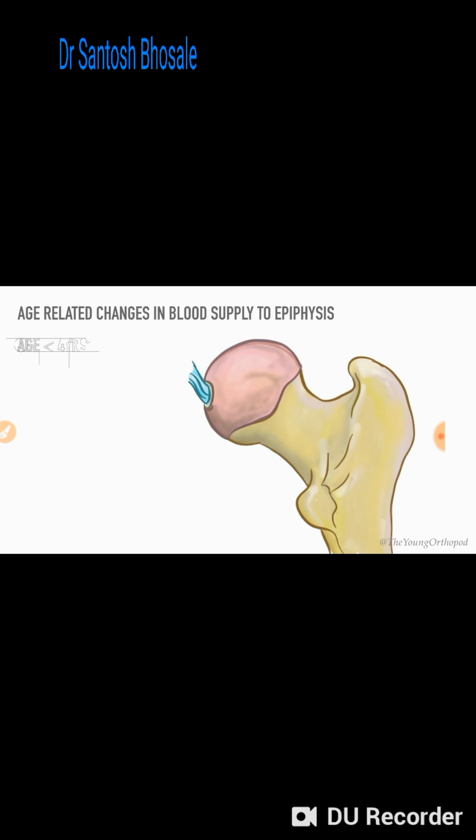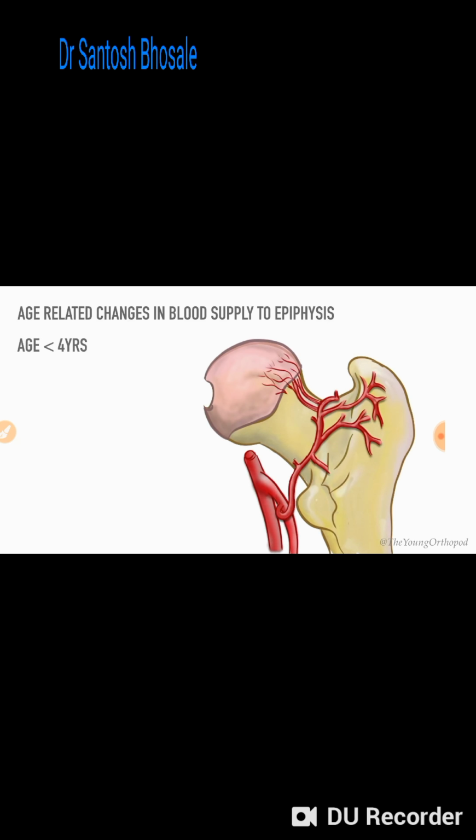So you can see age changes. Less than 4 years it is supplied by the obturator artery. After that it is covered by these retinacular vessels coming from lateral and medial circumflex femoral arteries, and these arteries are damaged during the fracture of neck of femur, leading to avascular necrosis.